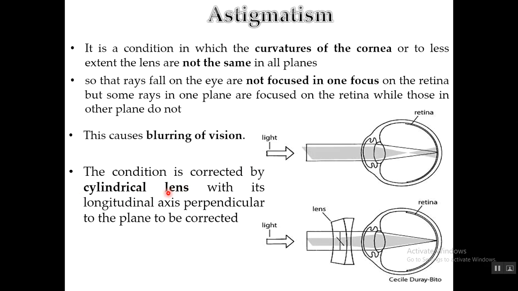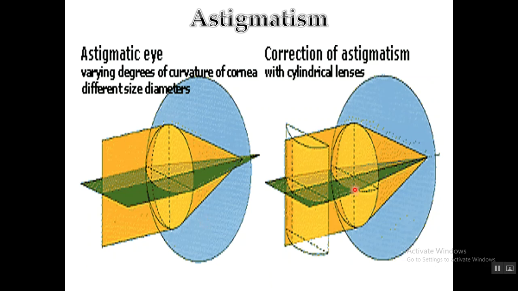It is corrected by cylindrical lenses, and when we put the cylindrical lenses, its longitudinal axis must be perpendicular to the plane to be corrected. Okay, like this. Here we have two planes, the yellow plane and the green plane. The yellow plane converges to the retina, but the green behind the retina. So we show here a cylindrical lens, part of a cylinder, and this is the perpendicular axis.